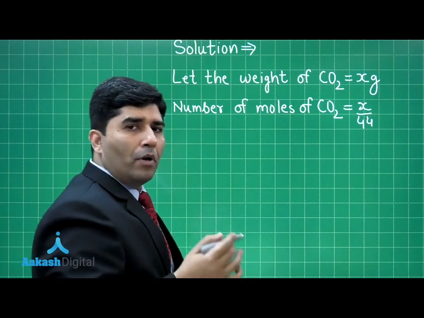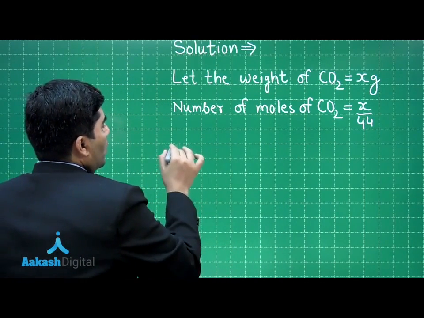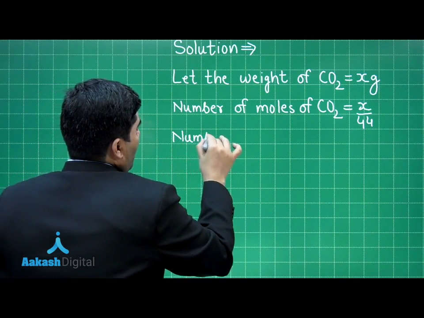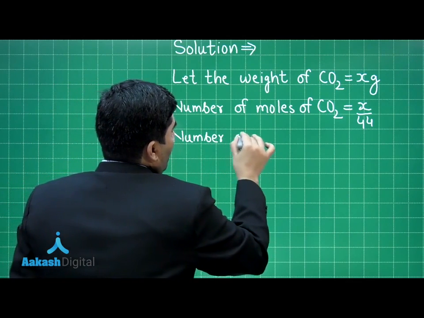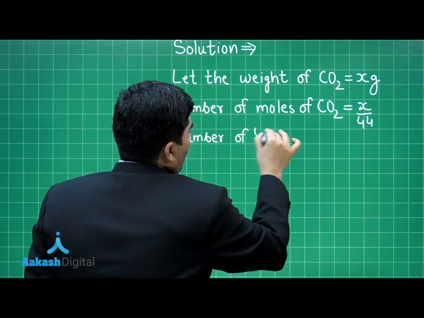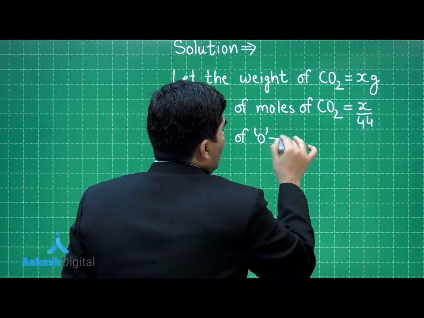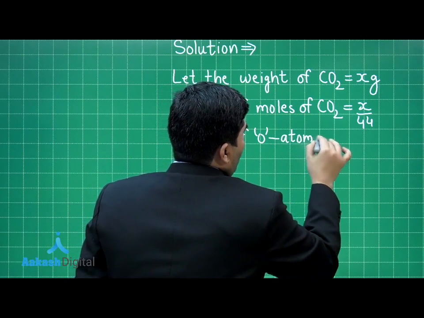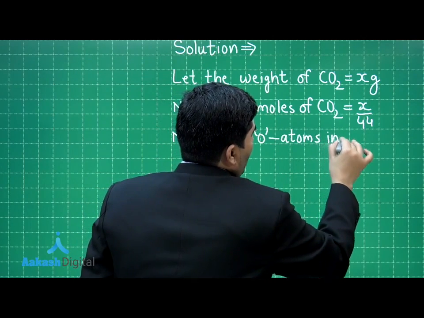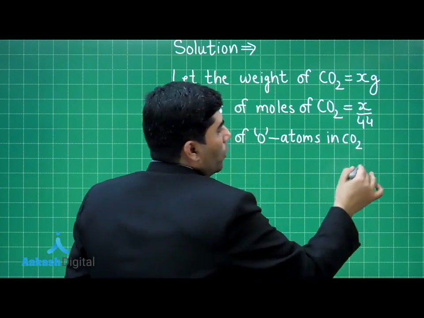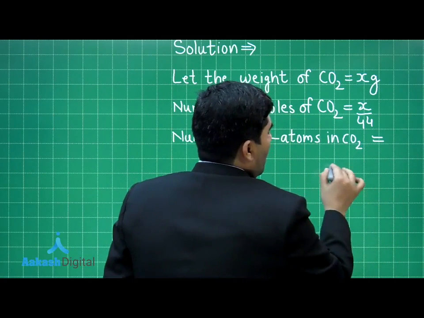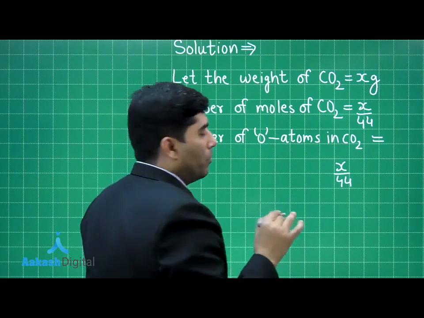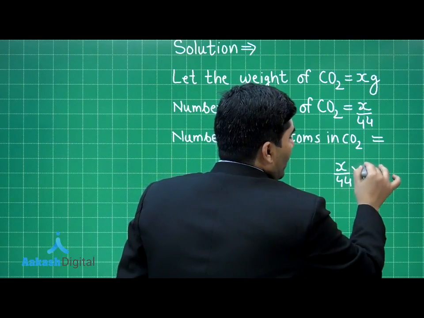Let's find the number of oxygen atoms. So, the number of oxygen atoms in CO2 will be equal to x by 44, that is the number of moles, multiplied by Na.